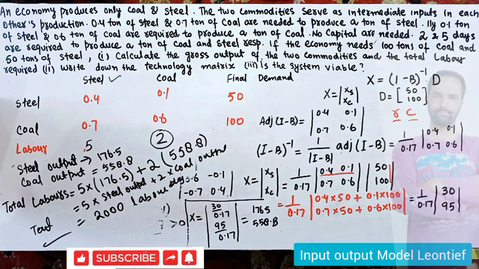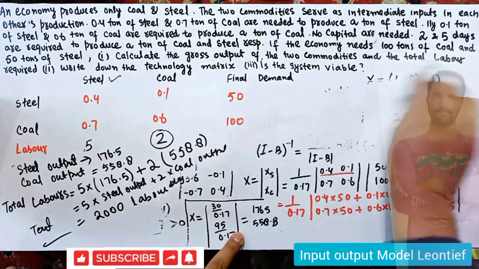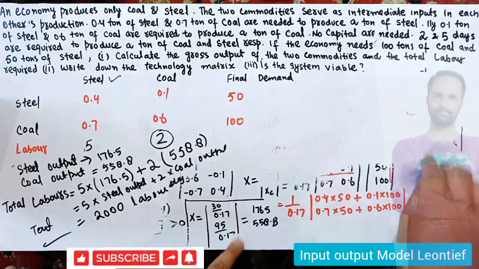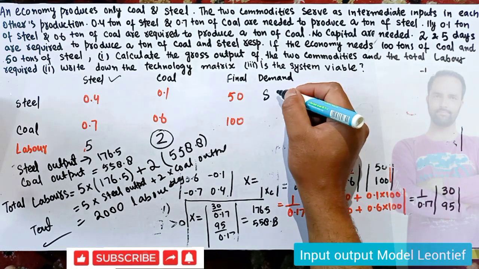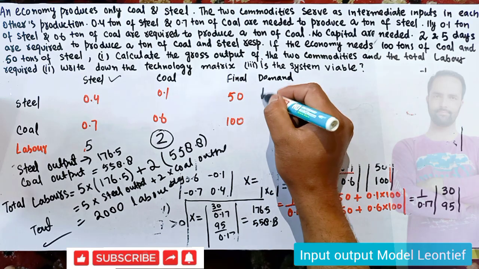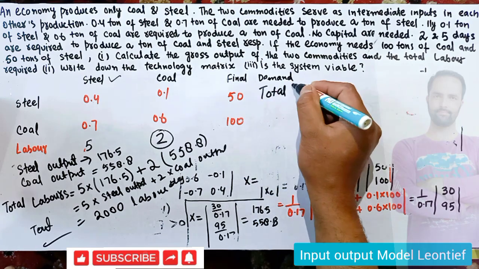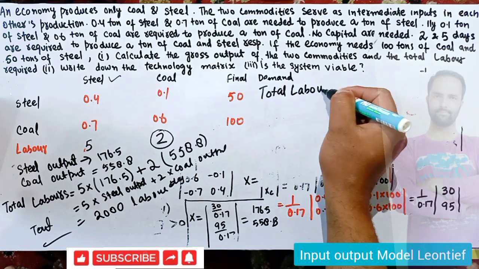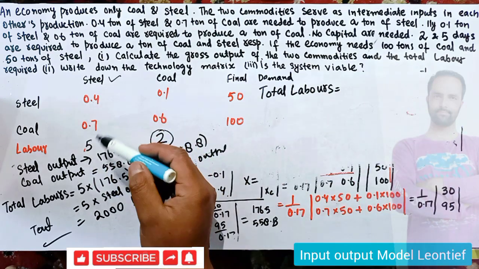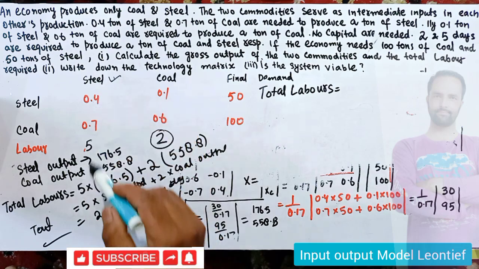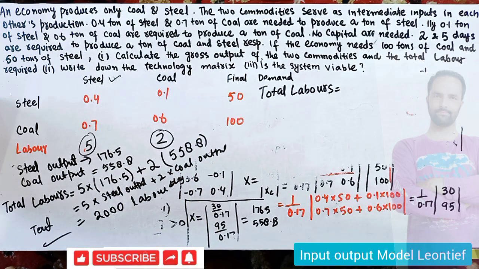I hope I make myself clear in this video. Let me again write it here. So total laborers will be equal to, what we are being told here is that to produce 1 ton of steel we need 5 labor days.